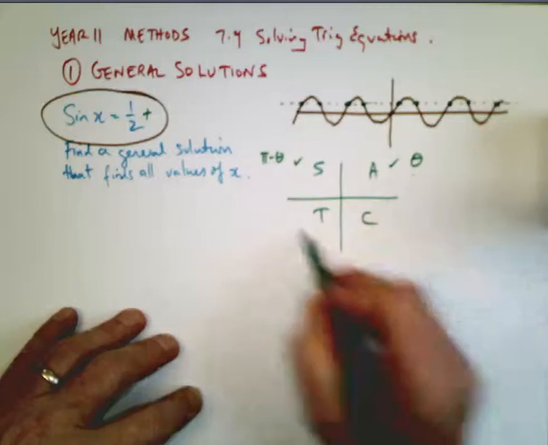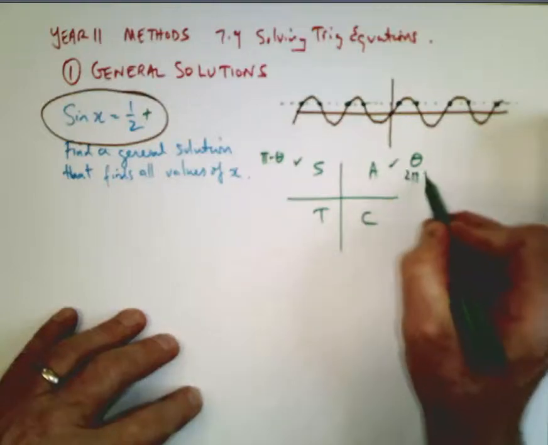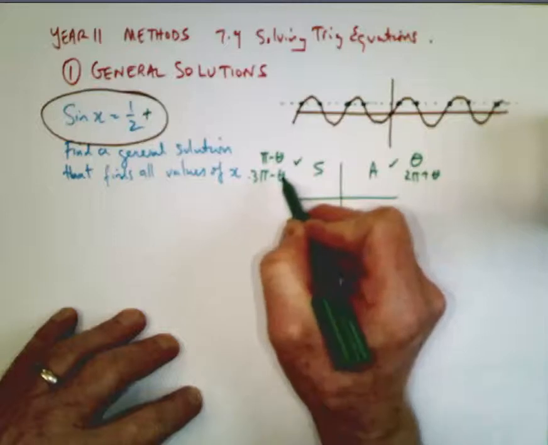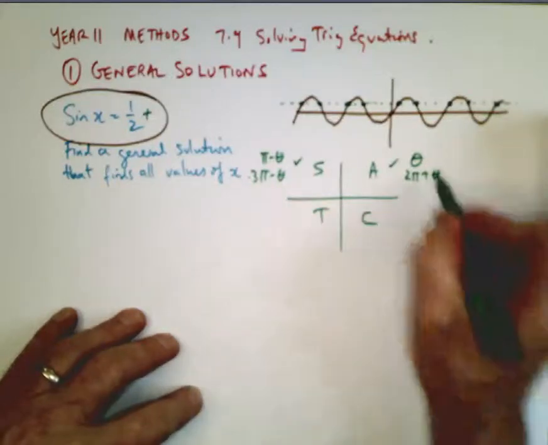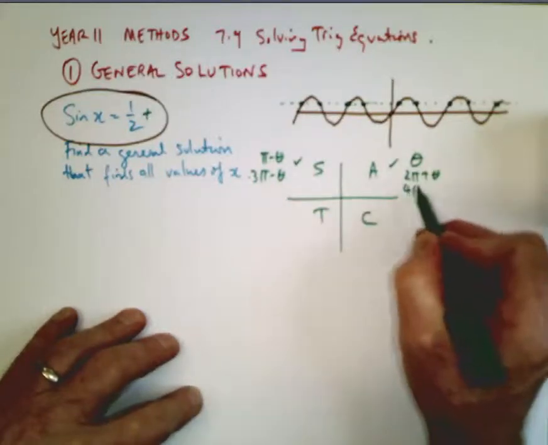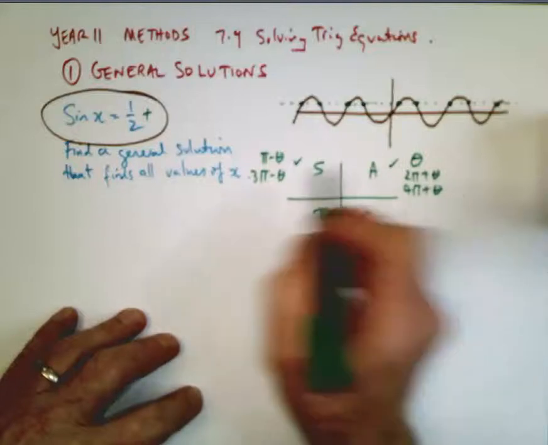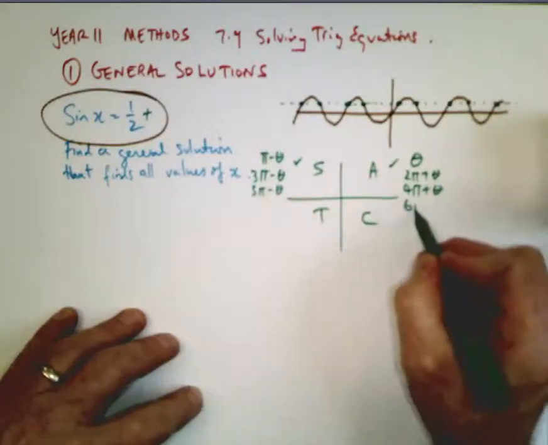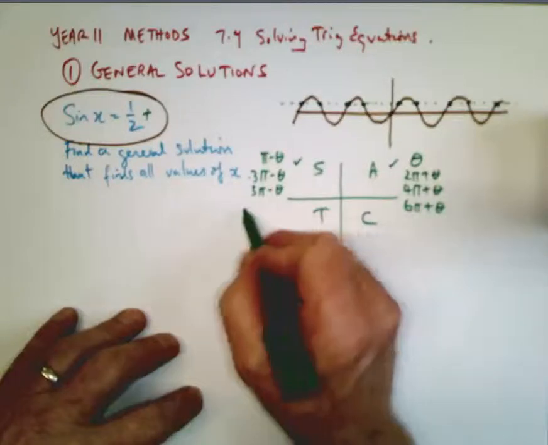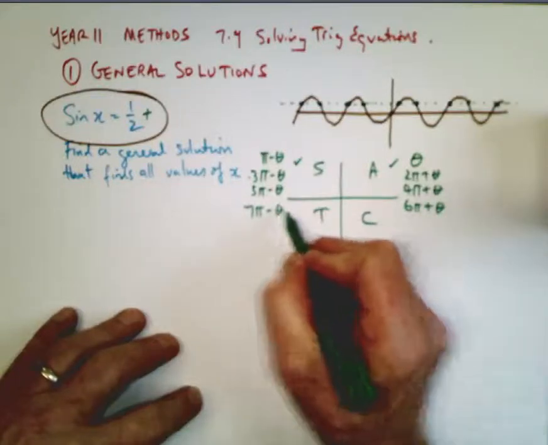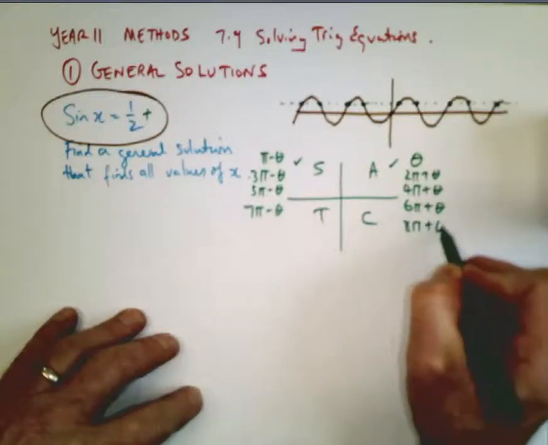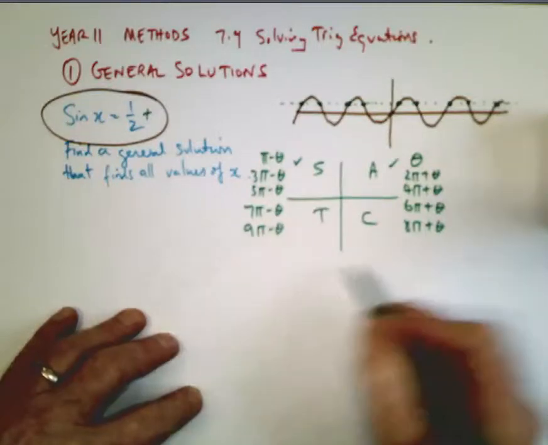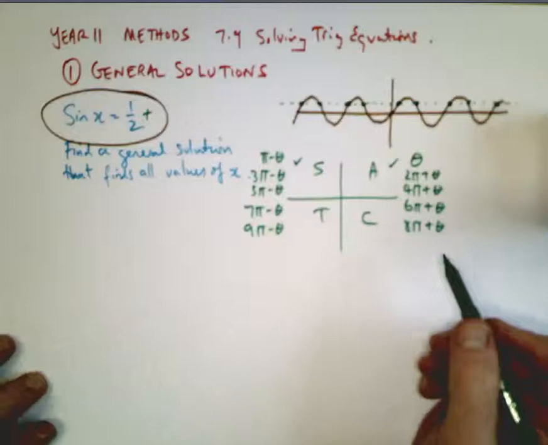When I go around for the second time, I have 2 pi plus theta and 3 pi minus theta. And when I go around for the third time, I've got 4 pi plus theta and 5 pi minus theta. Then I've got 6 pi plus theta, 7 pi minus theta, 8 pi plus theta, 9 pi minus theta, and that pattern continues forever and ever and ever.